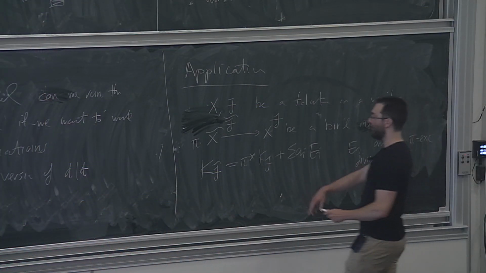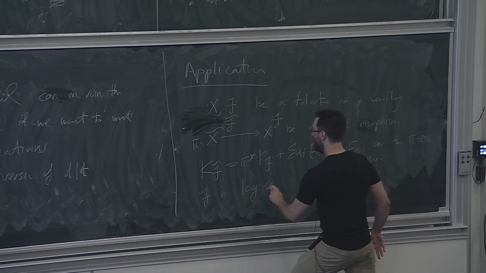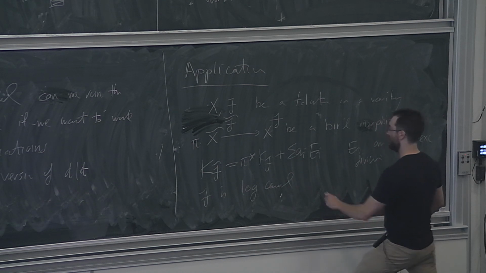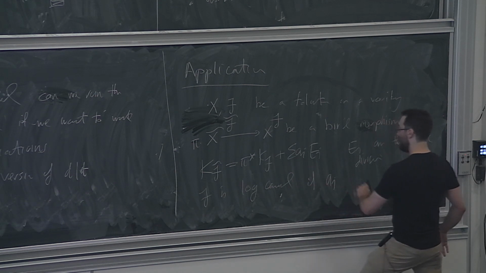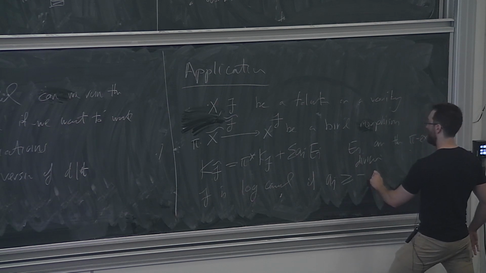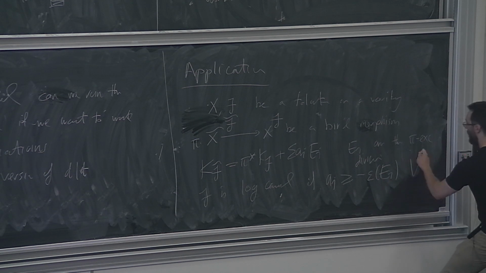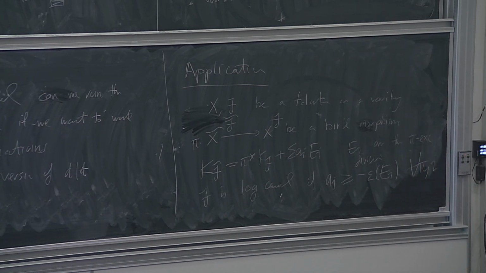And we say that F is log canonical if a_i is bigger than or equal to negative epsilon of E_i for all birational modifications and all exceptional divisors.